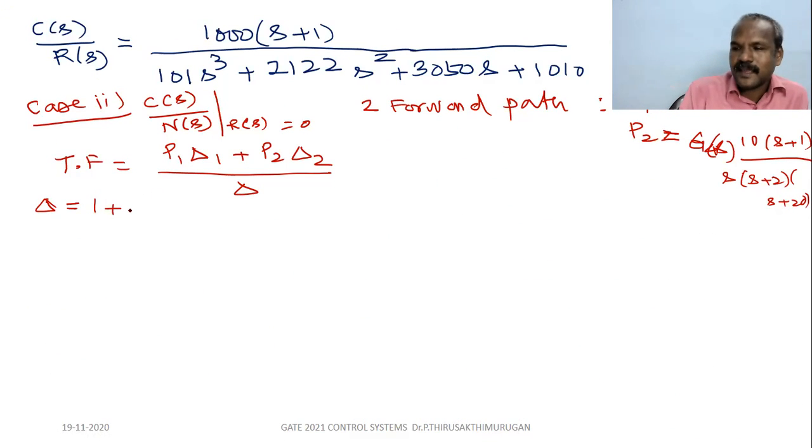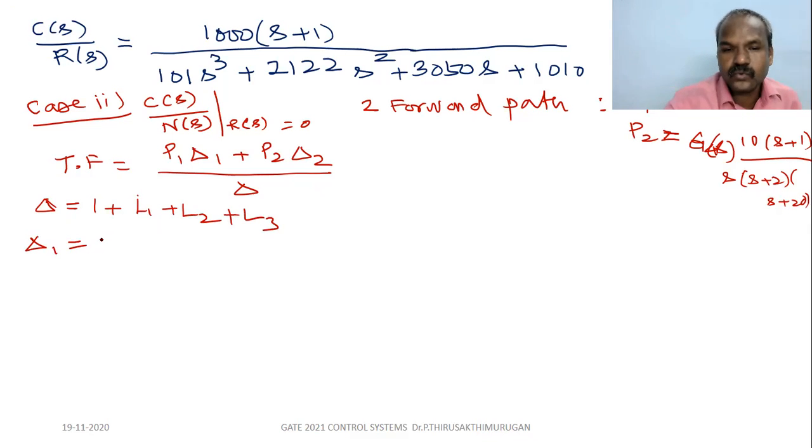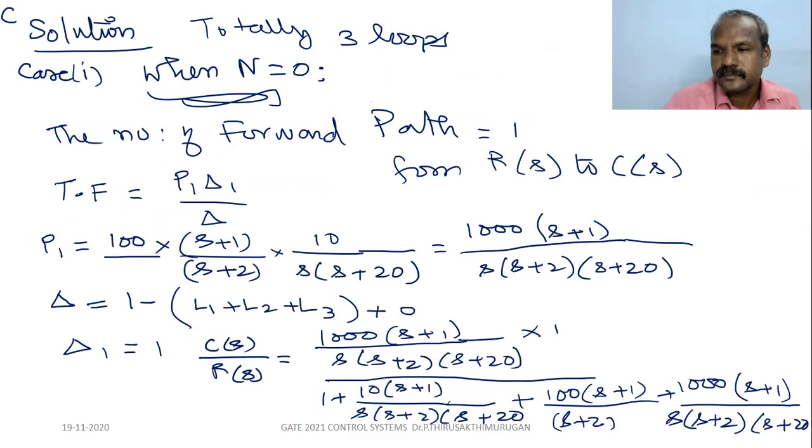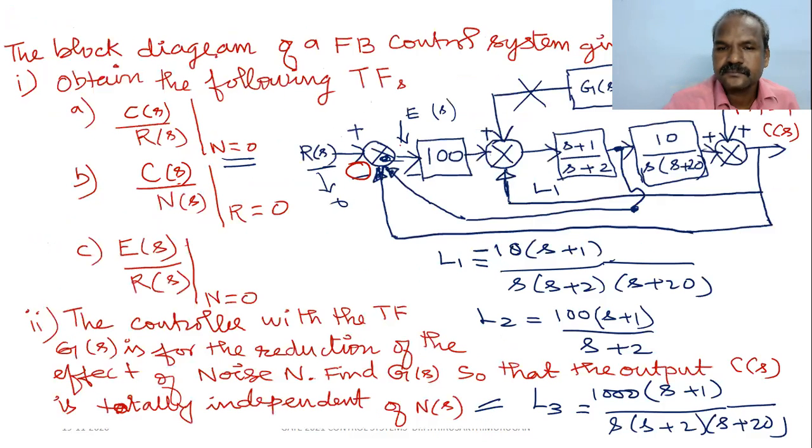So delta is 1 plus L1 plus L2 plus L3. Now delta 1 equal to... the first forward path is this one.